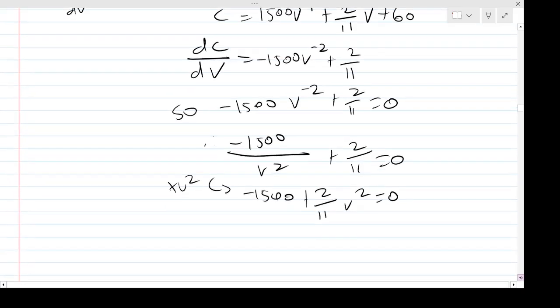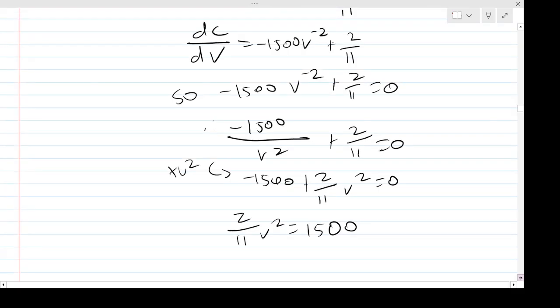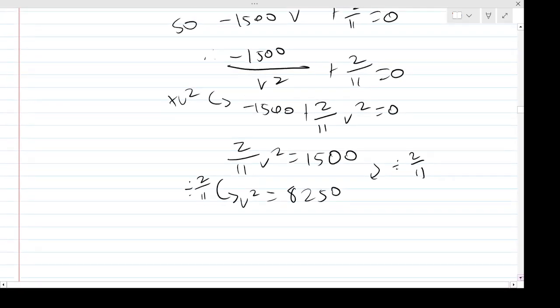Then 2 over 11 v squared equals positive 1500. Then I can divide by 2 over 11 on both sides, so v squared equals 1500 divided by 2 over 11, which should get me 8,250. That's v squared.